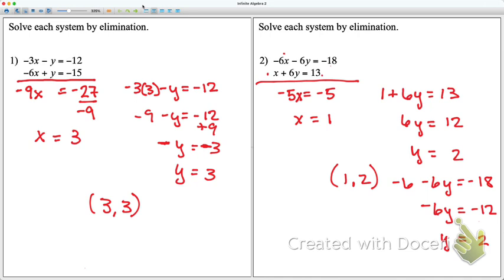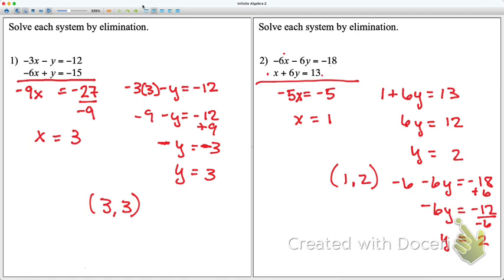Well, you should add 18: negative 18 plus 6 is negative 12. Did you get negative 12? Yeah. Okay, and then you should be dividing by negative 6. I know, I just didn't have negative 6, because I had negative 12.